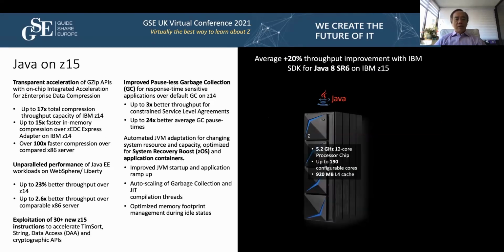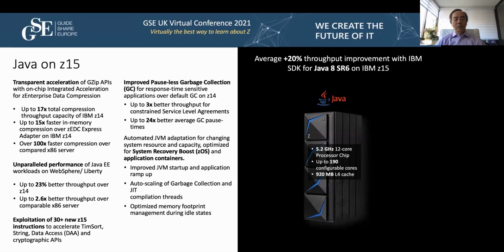So we know Java has been on the platform for a long time, and Java is one of the most important languages on the platform. When we announced Z15, it has a lot of features, and it fully supports the platform, similar to COBOL and PL1 and C and C++.